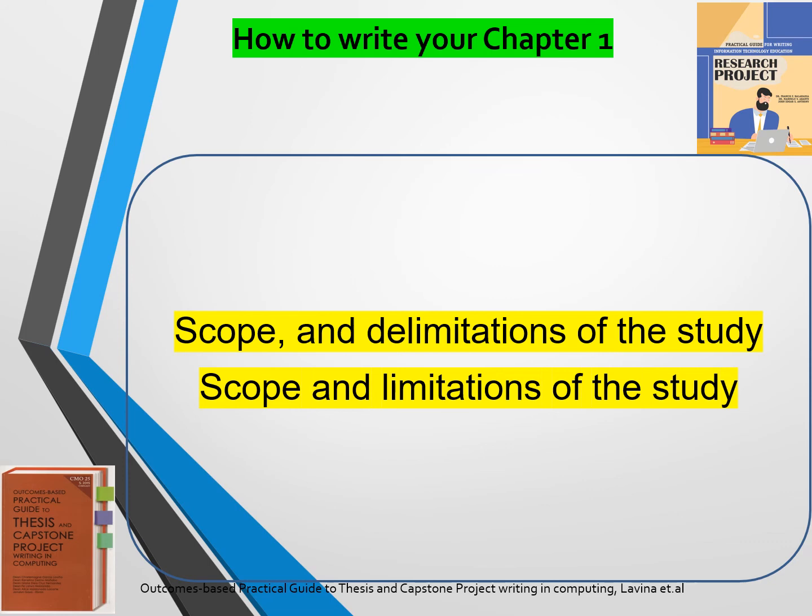The scope and delimitation of the study should include a brief statement of the general purpose of the study, the target users or beneficiaries of the study, the period of the study, and the features of the proposed software. The limitation of the study includes the weaknesses of the study beyond the control of the researcher. This section may not be included in the study if there are no such weaknesses beyond the control of the researchers.